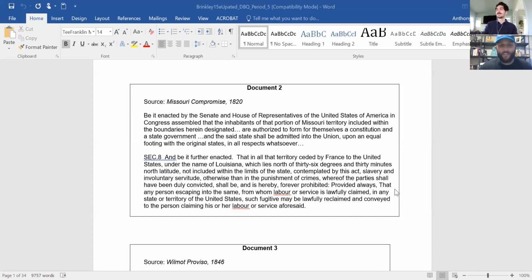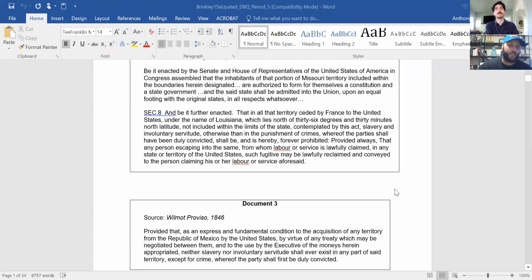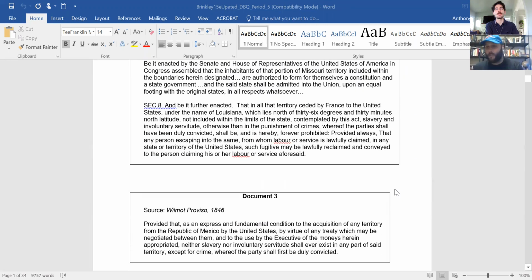Right, exactly. And so really what we see moving forward through this time period is there's a pretty big gap between 1820 and 1846. In terms of the debates part of the prompt, you would almost have to bring up that the debates continued through this time period over whether certain states should be considered slave or free states.